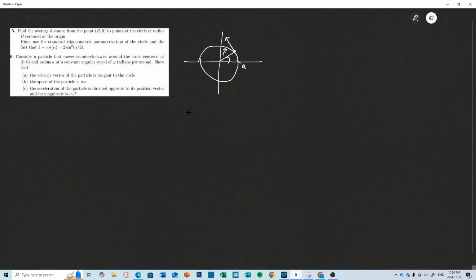So we have our original, which is our position vector, which is r of theta, which is a cos theta and a sine theta. And this is because if you look, we have our cos theta and our sine theta, which makes up our position vector.